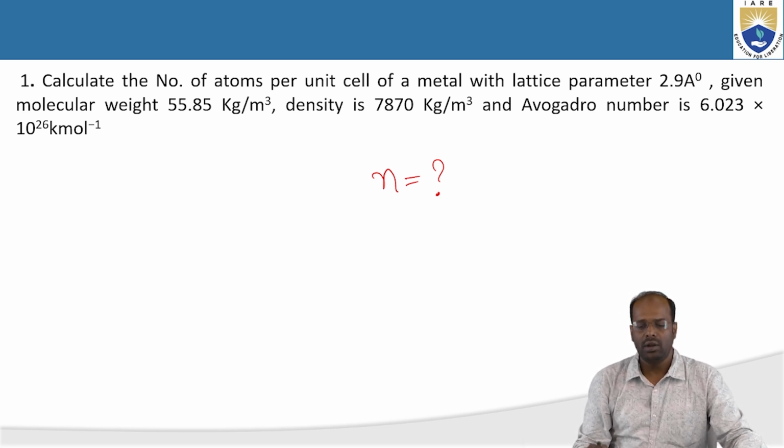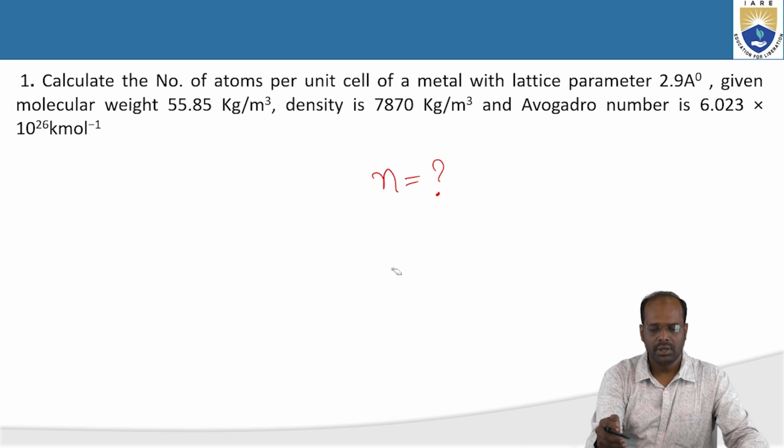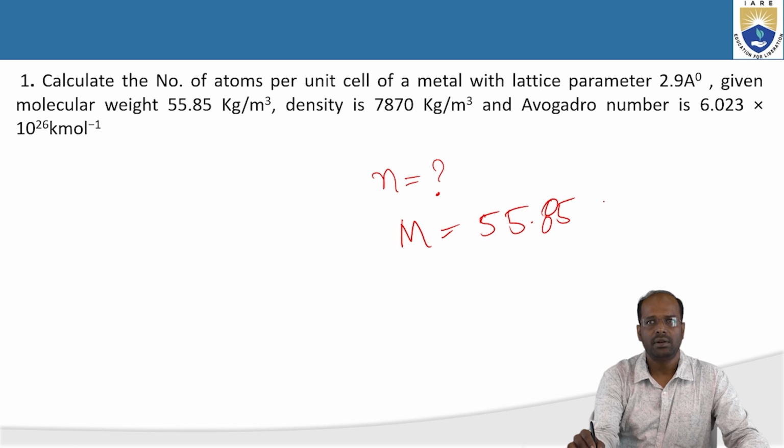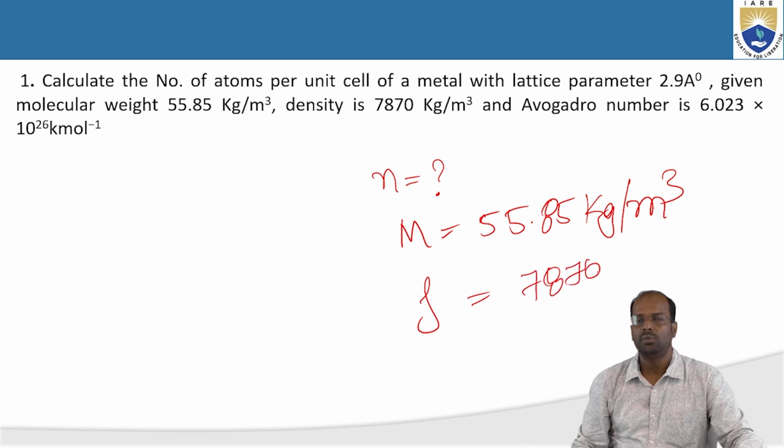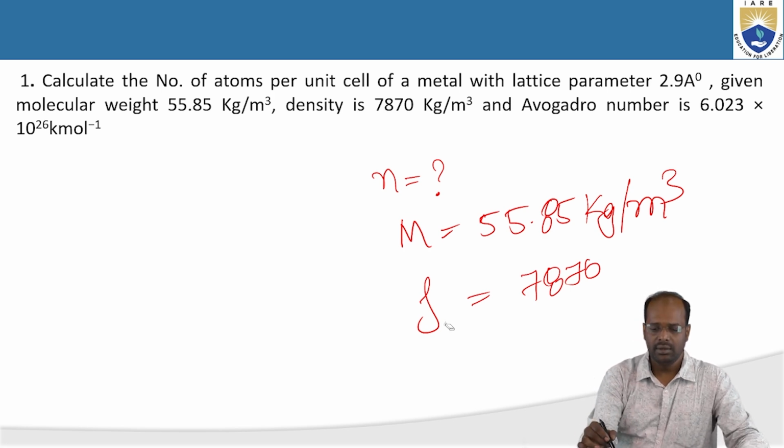The given molecular weight is 55.85 kg per meter cube, the density is 7870 kg per meter cube, and Avogadro number is 6.023 into 10 to the power of 23 kg per meter cube.